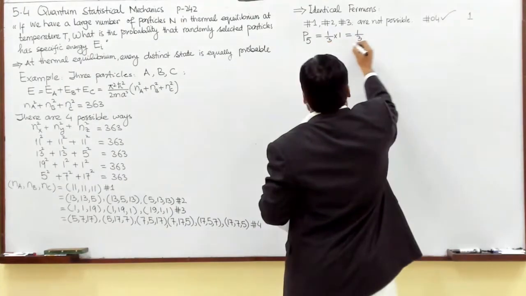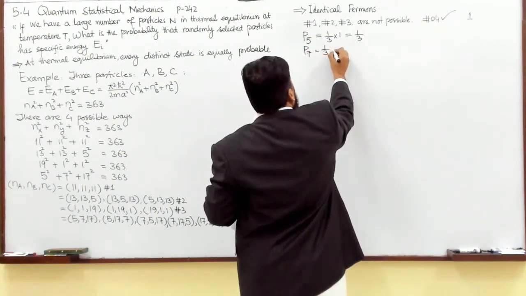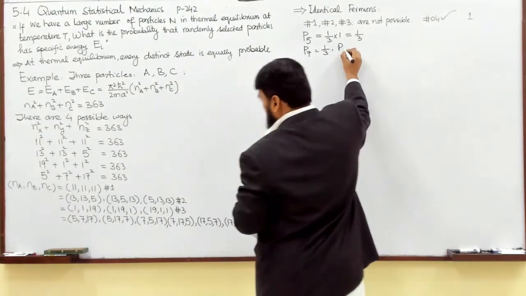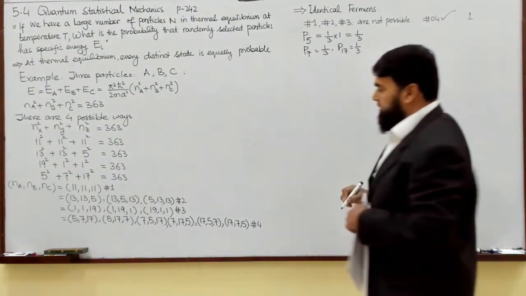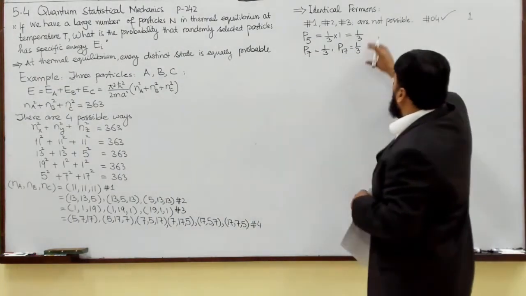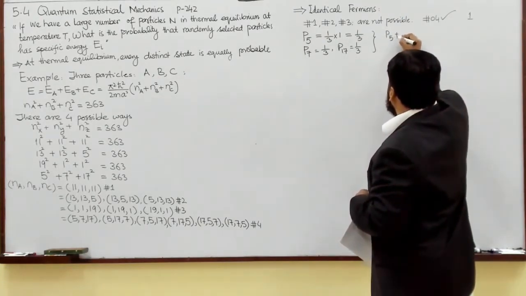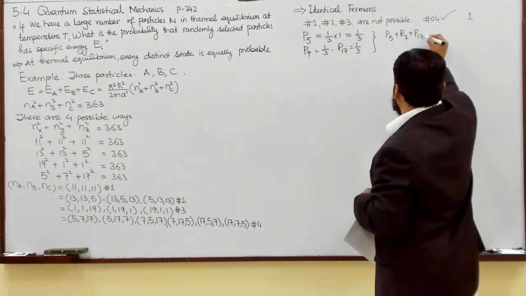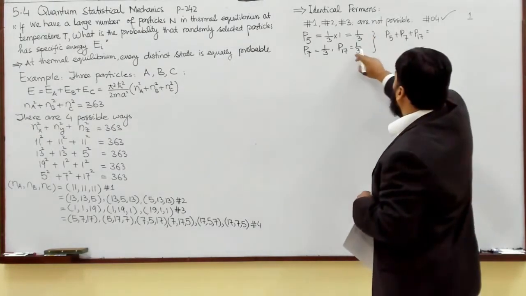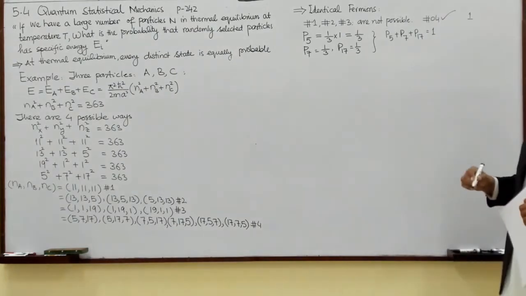And similarly, P7 is also 1 over 3 here. P17 is also 1 over 3 here. So now the sum of all the probabilities will of course be 1: P5 plus P7 plus P17, 1 over 3 plus 1 over 3 plus 1 over 3 is again 1. So this is for the identical fermions.